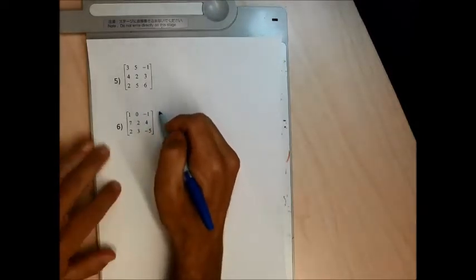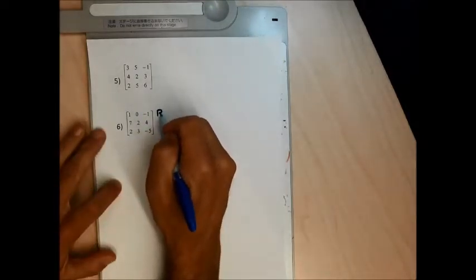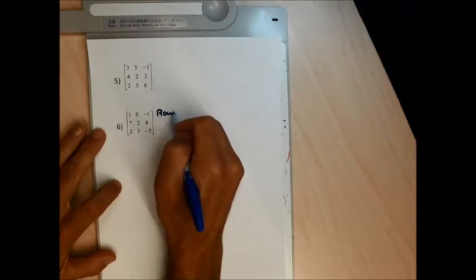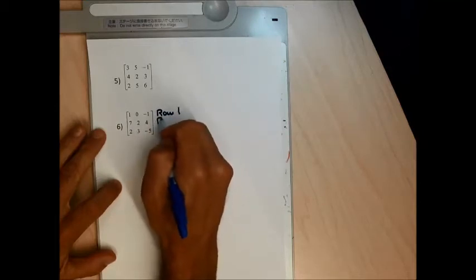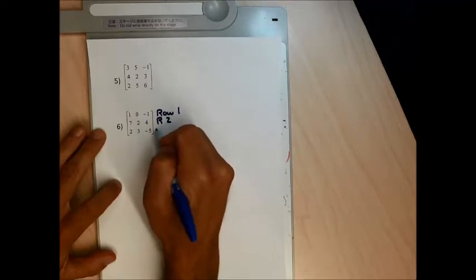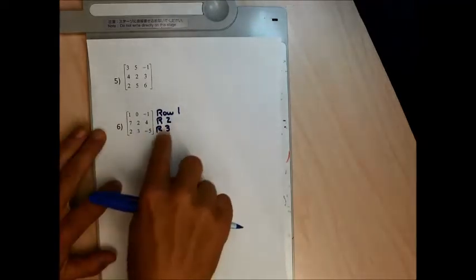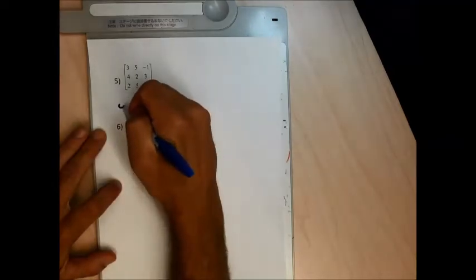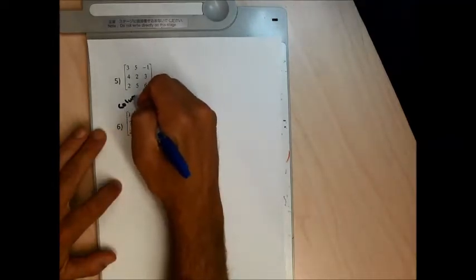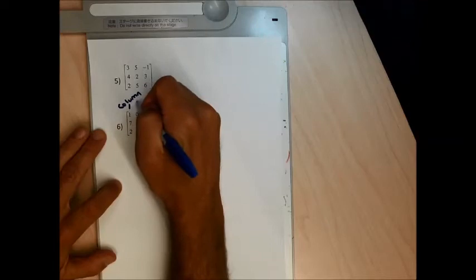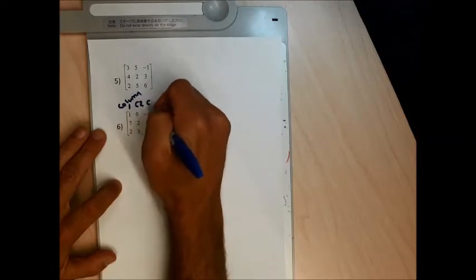So in problems 5 and 6, you're going to see square matrices. And square matrices are the only kind of matrices that have determinants. This matrix has 3 rows, row 1, row 2, and row 3, and it has 3 columns, column 1, column 2, and column 3.